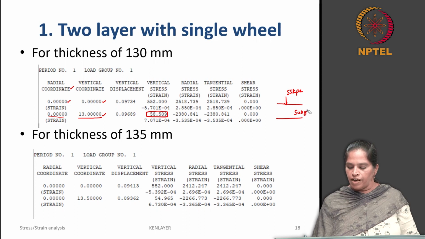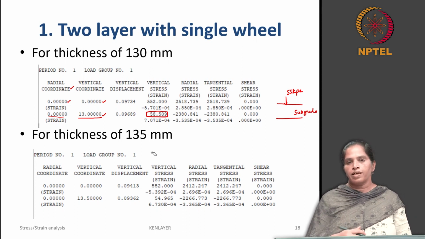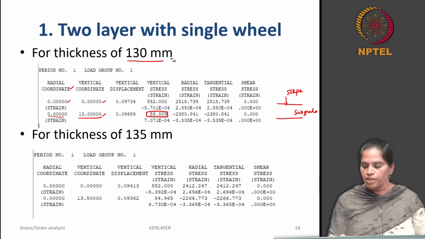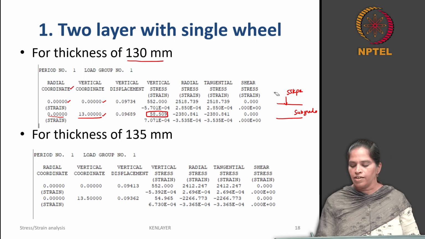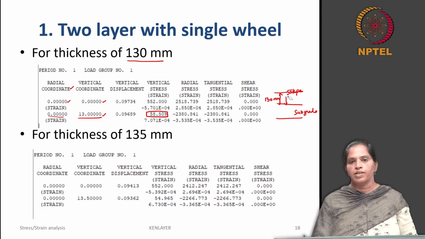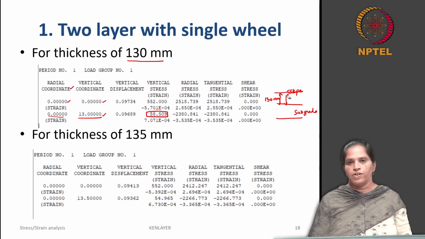As per our analysis, we have 58.509. So this clearly says that the stress is more than the allowable value. So this thickness of 130 millimeter above the subgrade layer is not sufficient to restrict the stress above the subgrade layer to 55 kilopascal.